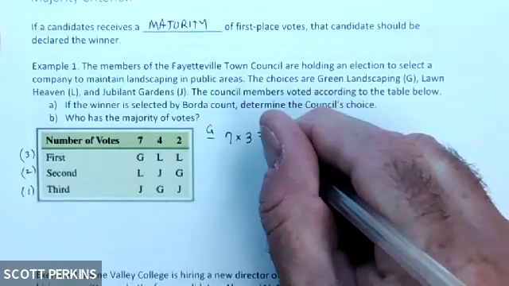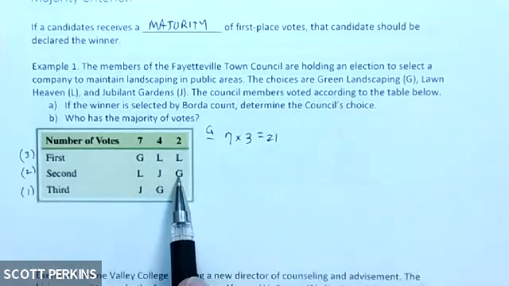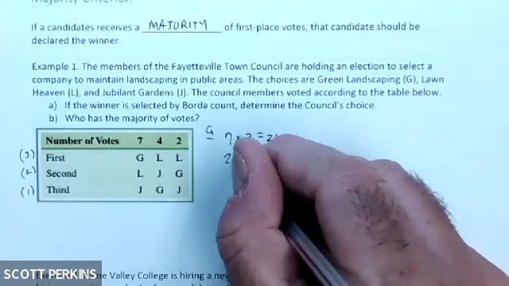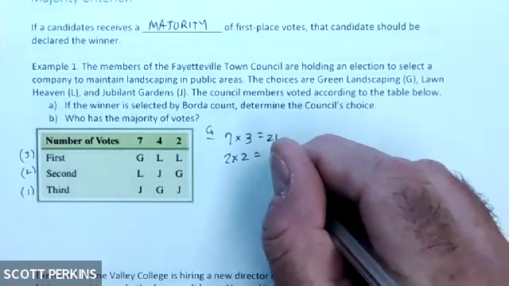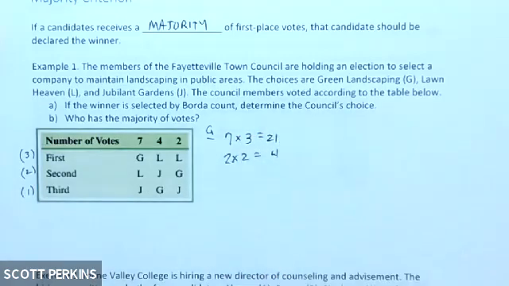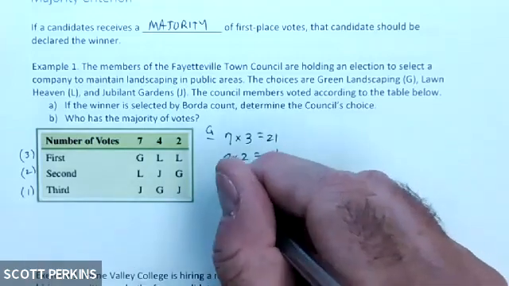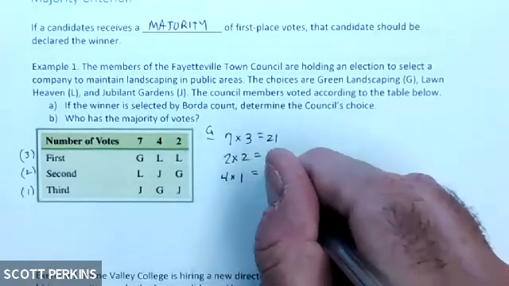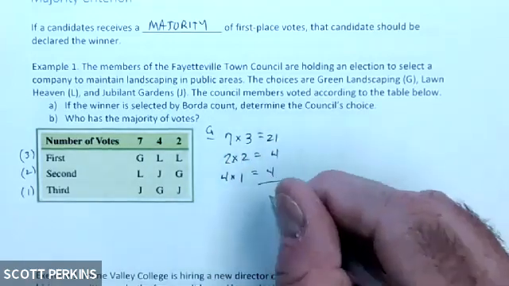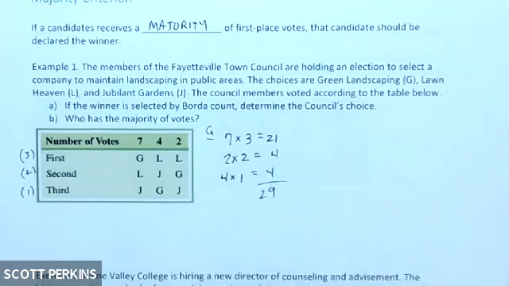So that's 21 points so far, and then G got 2 second place votes, and I multiply that by 2. So 2 times 2 is 4 more points. And then G got 4 third place votes, so that's 4 times 1 or 4 more points. And so green landscaping totaled 29, according to the Borda count method.